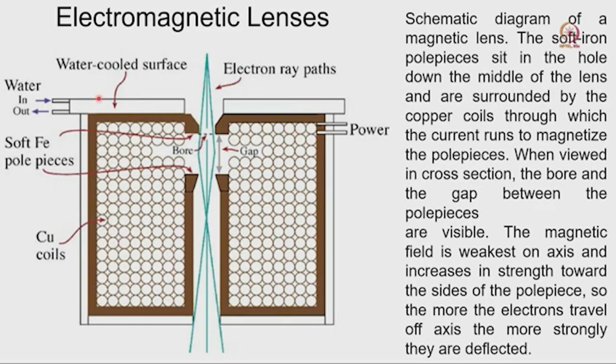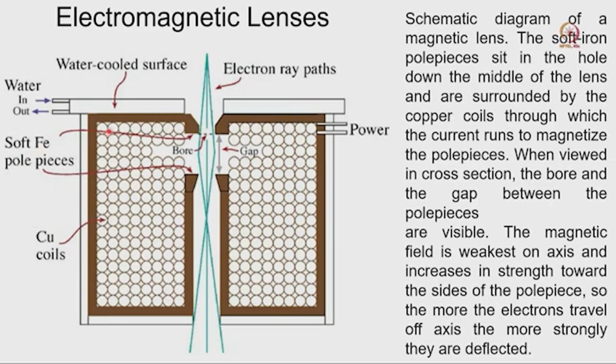In this particular case, there is a casing made of iron, and that is a soft iron pole piece. This rectangular shape is called the pole piece. As I mentioned, copper wires are wound very tightly around the soft iron.